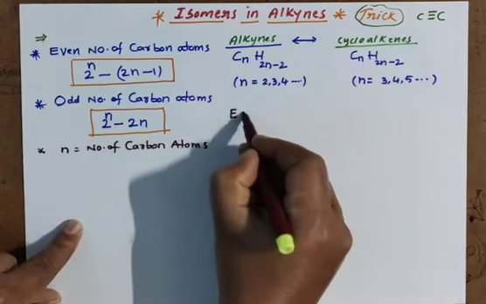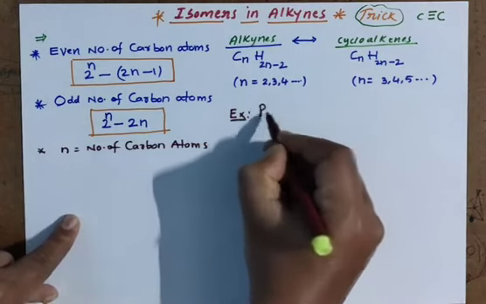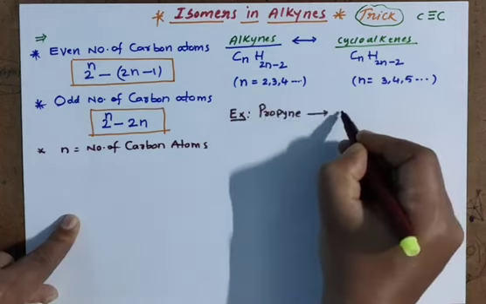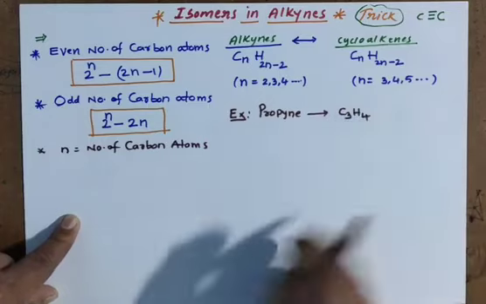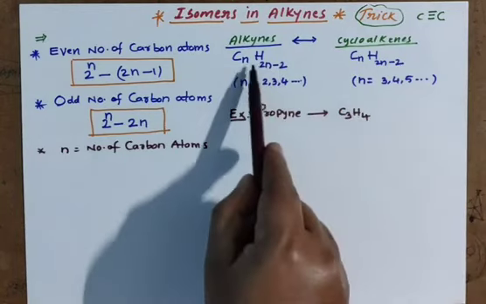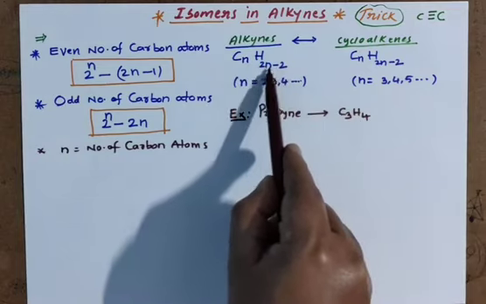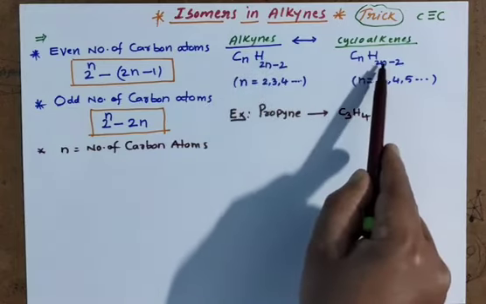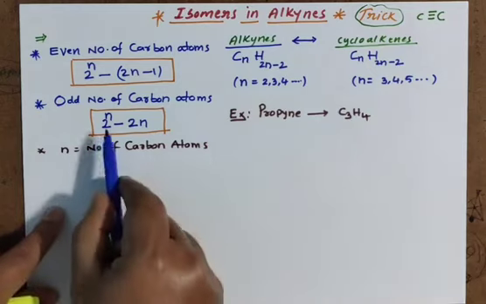Here I am taking an example with 3 carbon atoms, propyne, C3H4. If anybody doesn't know, you can use the general formula: 3 into 2 is 6, minus 2, 4. For cycloalkenes it is the same. There are 3 carbon atoms, an odd number.